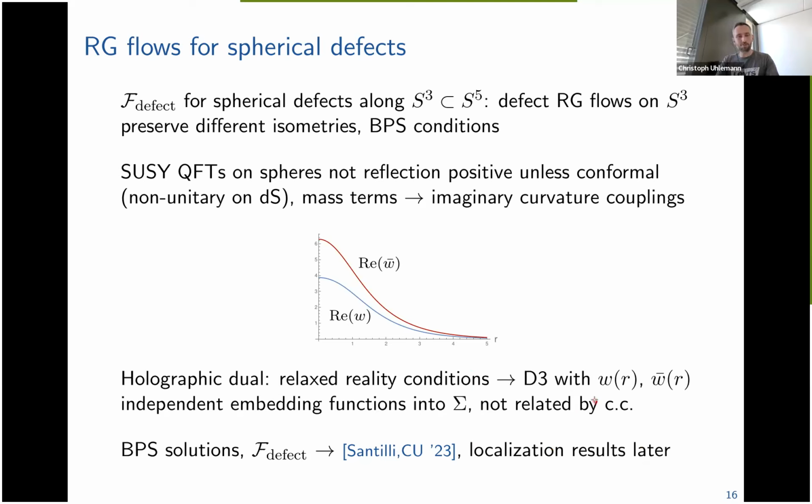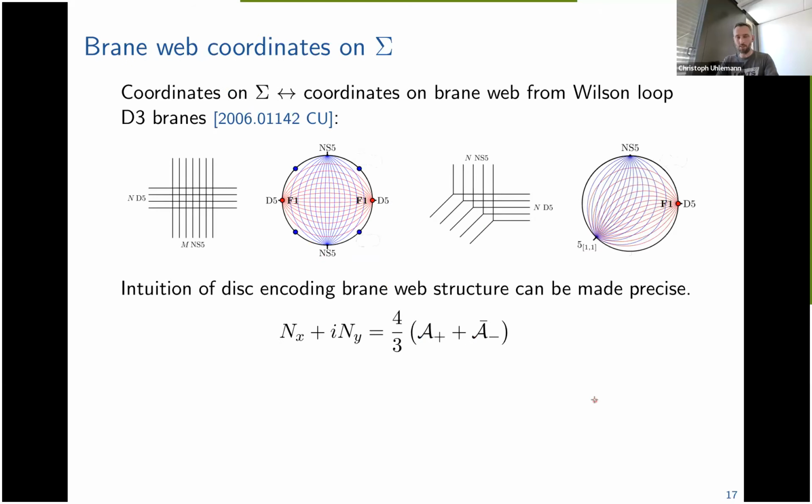Okay, so this almost concludes what I wanted to tell you about the AdS/CFT side of the story. Before going to the gauge theory part, I want to highlight one more piece of information which we can extract from the holographic duals. And this is based on the idea that we can define a very nice set of coordinates on the Riemann surface.